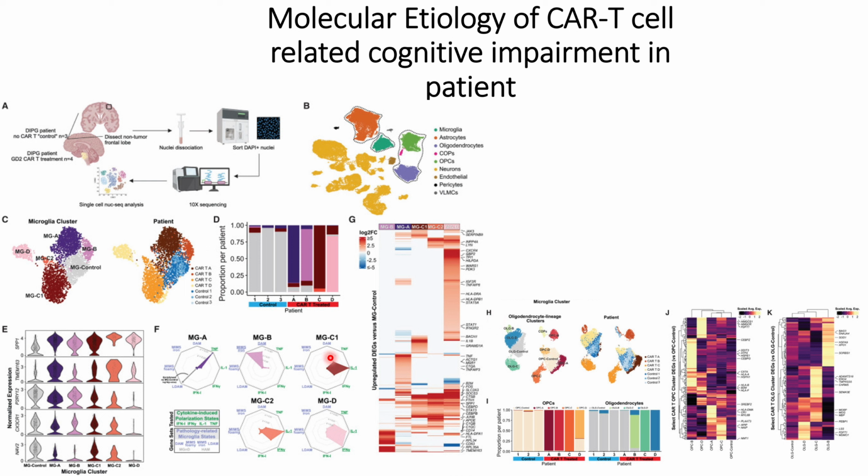Then, after validating and checking their patient samples directly using single cell nuclei analysis, they also checked the cell lineage of these patients. And when they clustered the oligodendrocyte lineage, they are able to see different kinds of lineage, and this is also in line with the different patients.